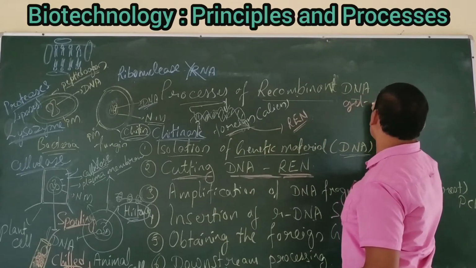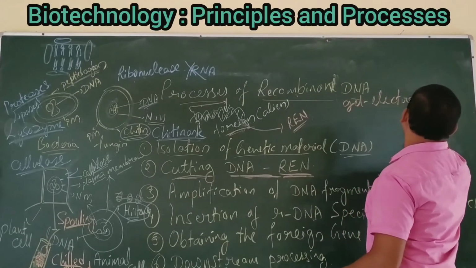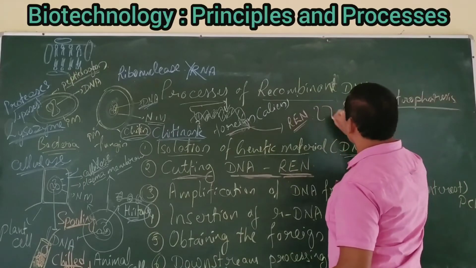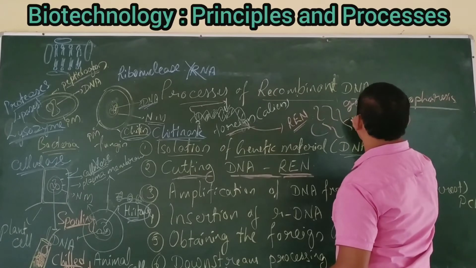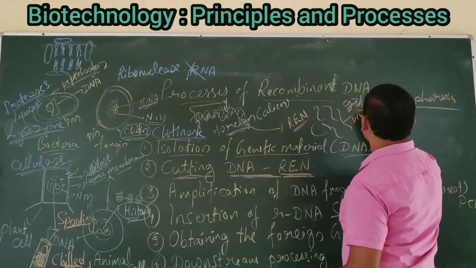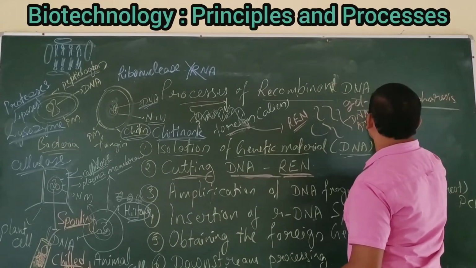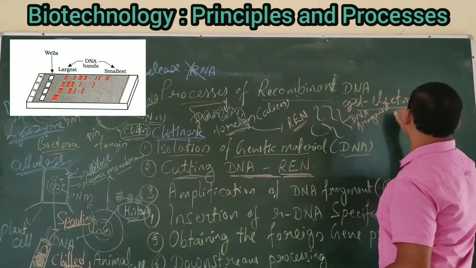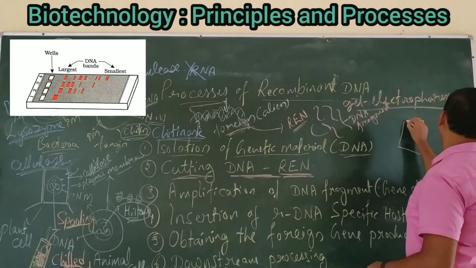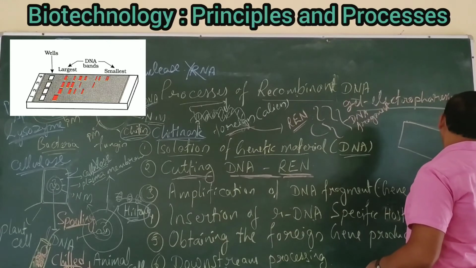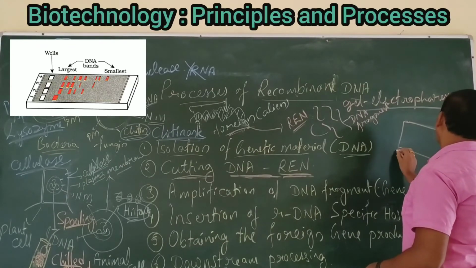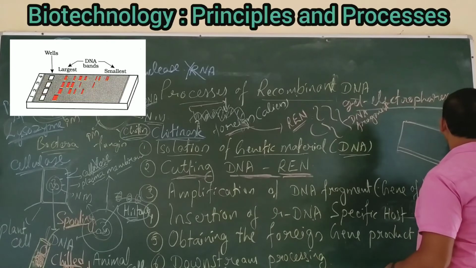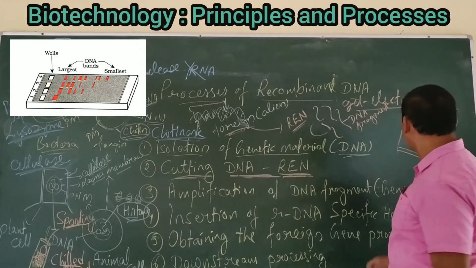By using the gel electrophoresis technique, the DNA fragments of different lengths are made to pass through a matrix made from agarose gel, a natural polymer extracted from seaweed.